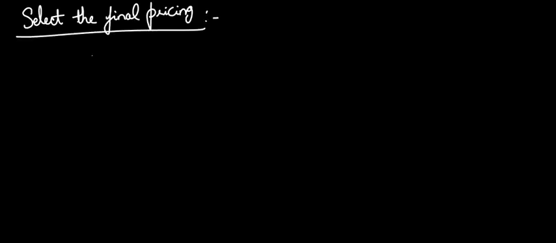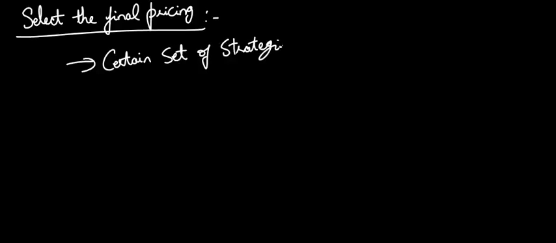The next step in the pricing process is to select the final price. Once you do all these steps, you have certain set of pricing strategies in a table which you recorded, with all the factors.